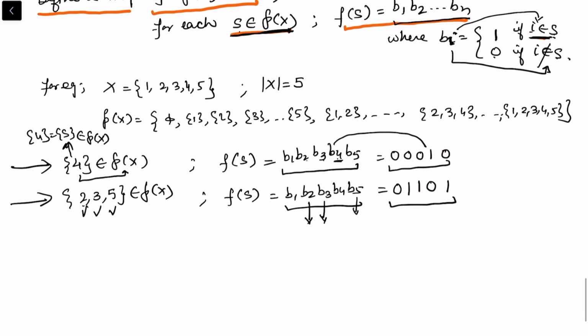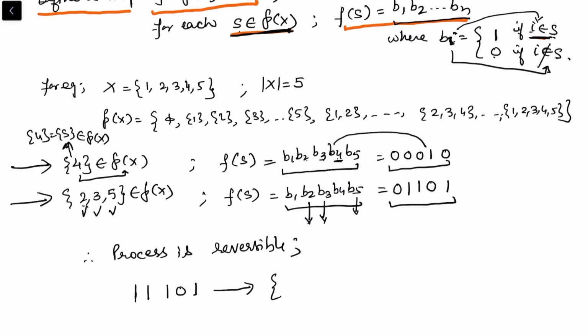Now, if I look at this process the reverse way, we can see immediately the process is reversible. Suppose I have a sequence like 1, 1, 1, 0, 1, and corresponding to this, I want to construct the subset which is a member of the power set. This position is 1, so 1 is a member.